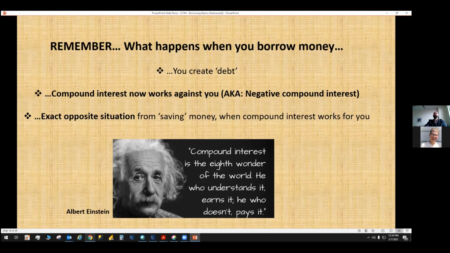And hopefully in watching this video presentation, you've got a little bit more of an understanding of what the borrowing basics are and how things work. I can't stress the importance of making payments on time for your debts. That is the #1 criteria that impacts your credit score positively.